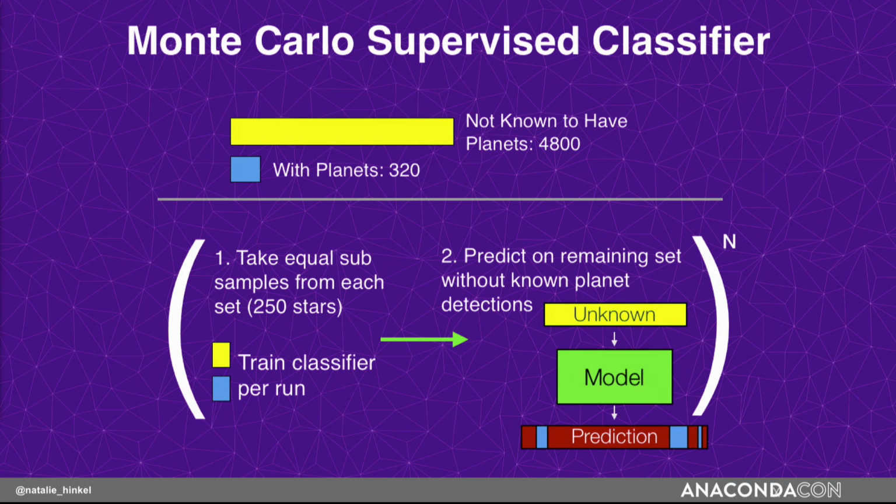And I mention it because there is a difference between the different sample sizes that we have. The stars within Hypatia that we know have planets total 320. But the stars without planets is 4,800. So I wanted to make sure we were comparing everything correctly. What I ended up doing is essentially taking a scoop of each of the samples, comparing those, training the algorithm, and then applying it to the subsample of the stars not currently known to host planets.